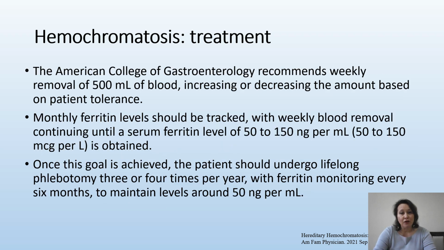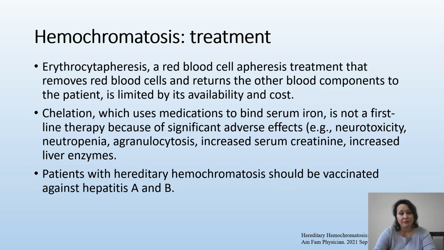The American College of Gastroenterology recommends weekly removal of 500 milliliters of blood under control of serum ferritin level. And when this goal of ferritin is achieved, then the patient should undergo lifelong phlebotomy 3 or 4 times per year with monitoring of ferritin level every 6 months.